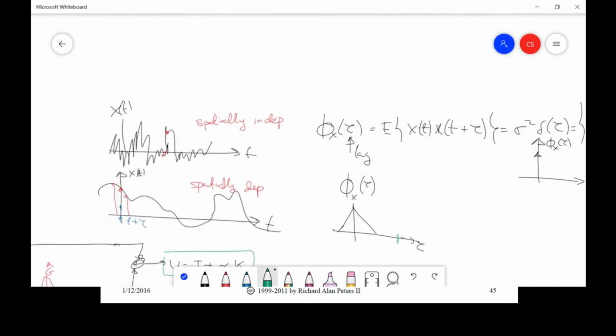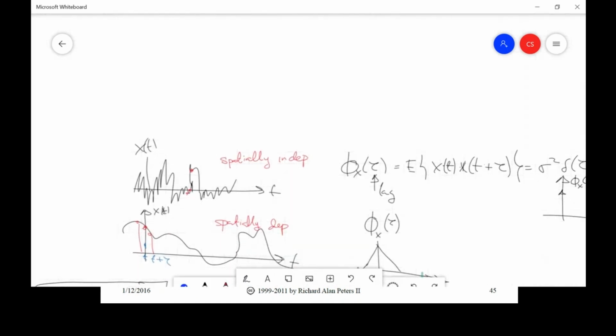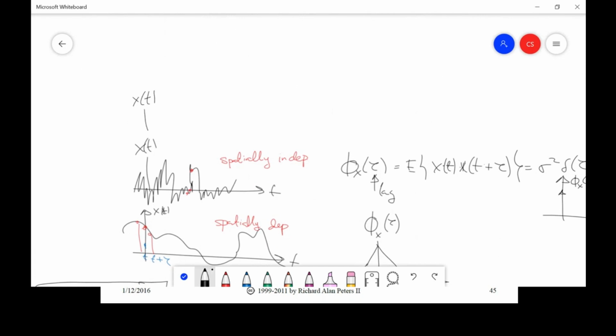Okay, so let us look at some other property. What is the distribution? Okay, so let's say that I look at this kind of signals once and again, many times. They all look more or less the same, but at any particular point, they are different.